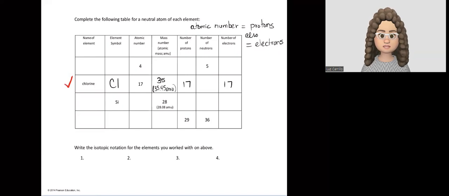In order to find the neutrons, remember that this is where I take my mass number minus atomic number.